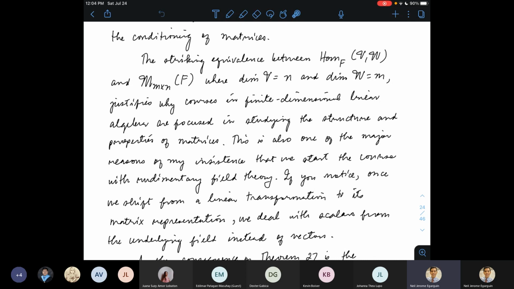Kasi if you can do things on matrices, there is a natural extension from the set of matrices and their actions on n by 1 vectors into an action of a linear transformation from a vector space of dimension n to a vector space of dimension m.